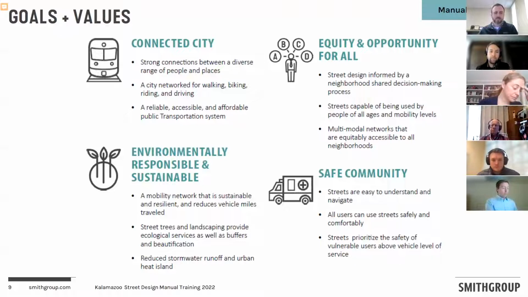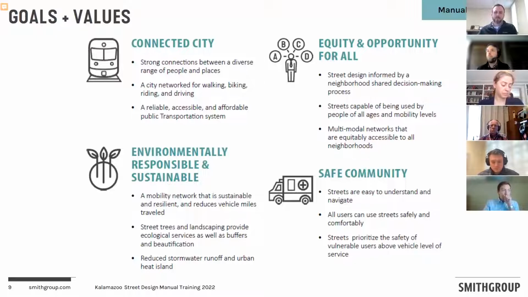Environmentally responsible and sustainable practices: you will see that a lot in our green infrastructure and some of the decisions that we're using to drive our street projects, as far as stormwater, our tree plantings, our tree features that help the trees to thrive, and overall move towards a more sustainable future.